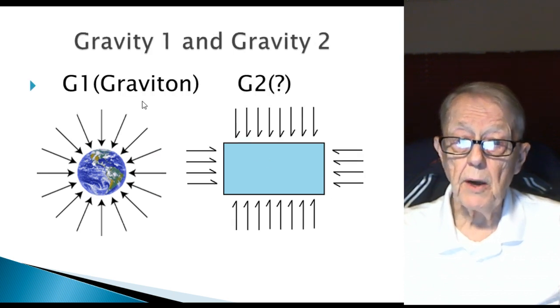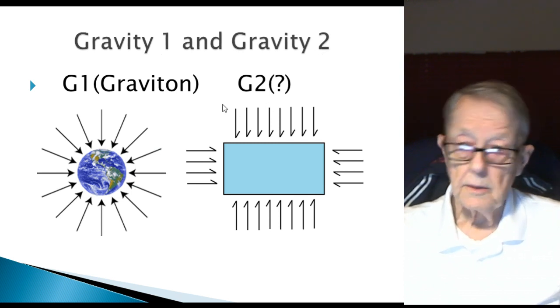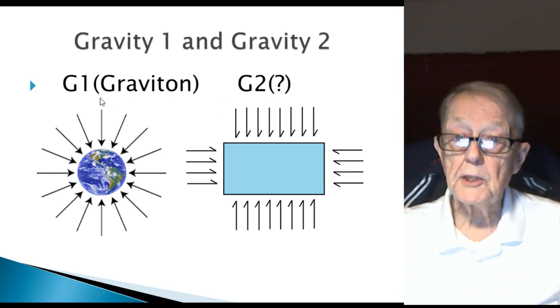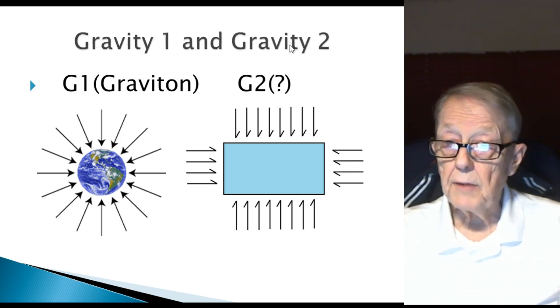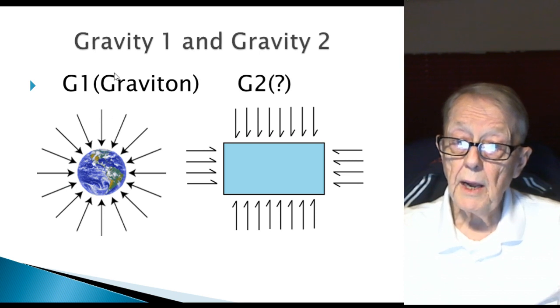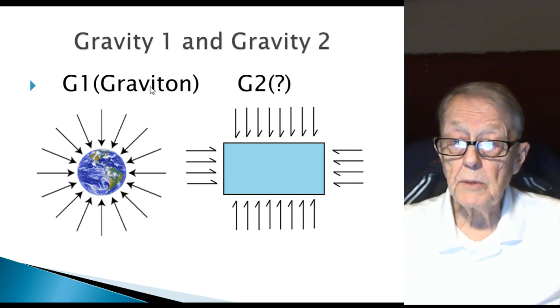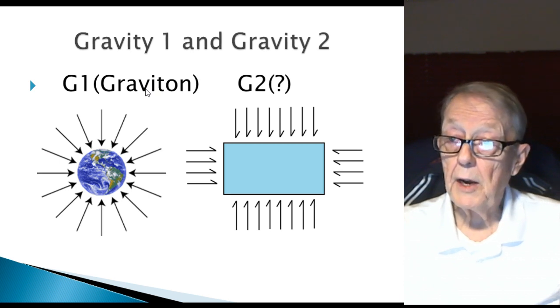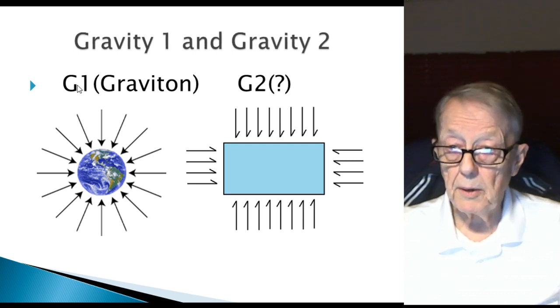And so I said, well, maybe there's a gravity 1 and a gravity 2. To make a long story short, as time went on, gravity 1 became G1, gravity 2 became G2. And when I worked on gravity, my gravity was always based on the graviton, or a gravity particle. So the G1 became the name for the gravity particle.